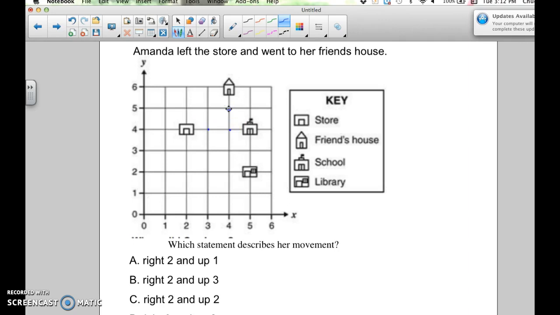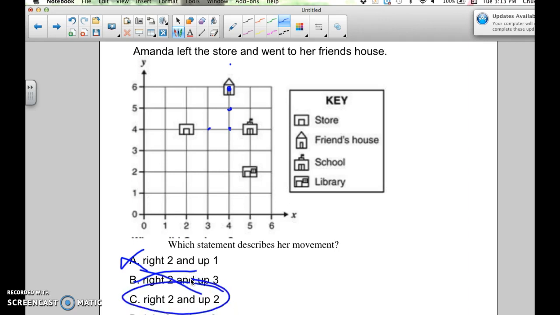No, so A is not the answer. If I go right 2, and then I go up 1, 2, 3, am I at her friend's house? No. If I go right 2 and up 2, am I at her friend's house? Yes. Do you see how we're going to solve those tomorrow?